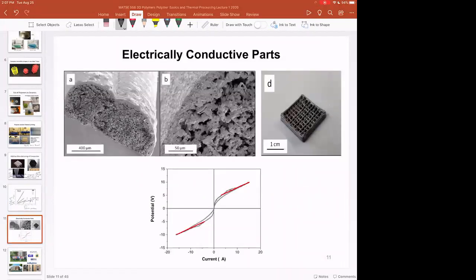We'll look at finished parts. This is just an example of an electrically conductive part because we're measuring the potential or voltage versus the current. So this is an IV measurement. This is a semiconductor because it has that S shape.